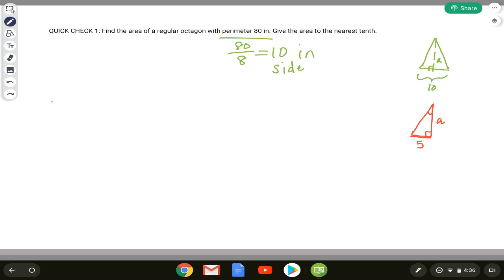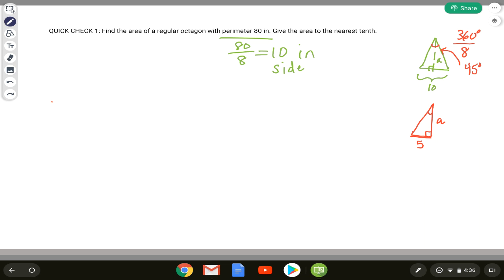So again, what I'm going to do first is find the measure of the larger angle, which would be 360. It's always 360 for these problems, divided by the number of sides. That's going to, this time, give me 45 degrees. So that's the large angle.